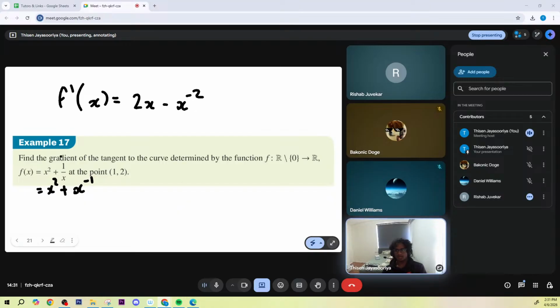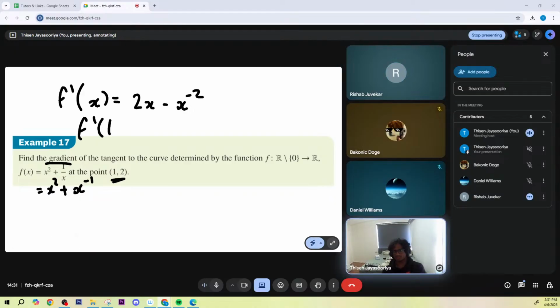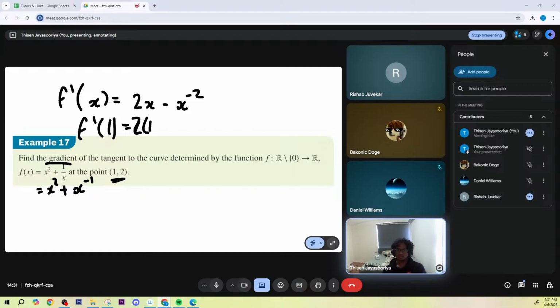So then here, how can I find the gradient of the tangent at this point? Sub in x equals 1. Yep, so f dash of 1. And then what do we get as our output? We need 2 times 1, take away 1 to the power of -2. How can we solve that?